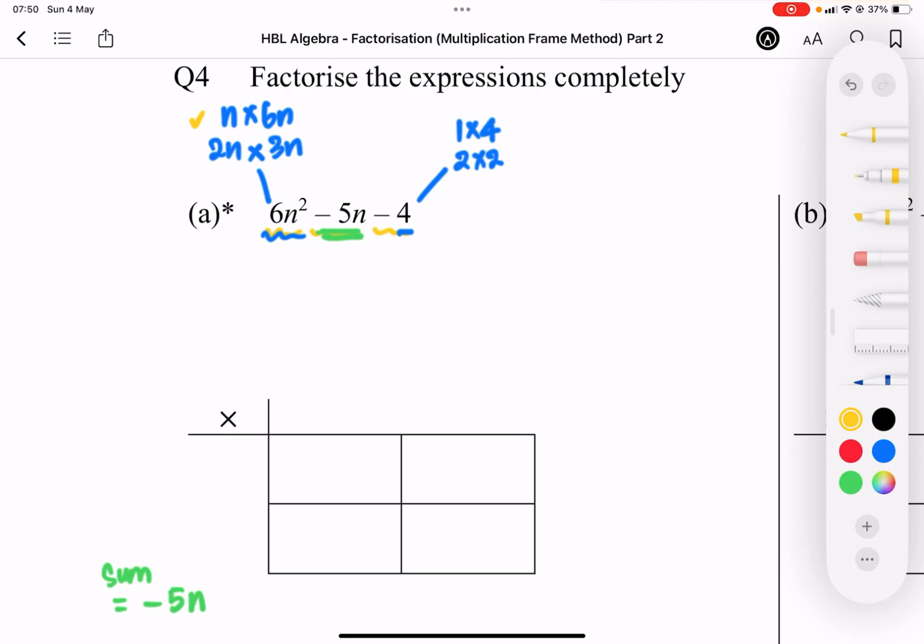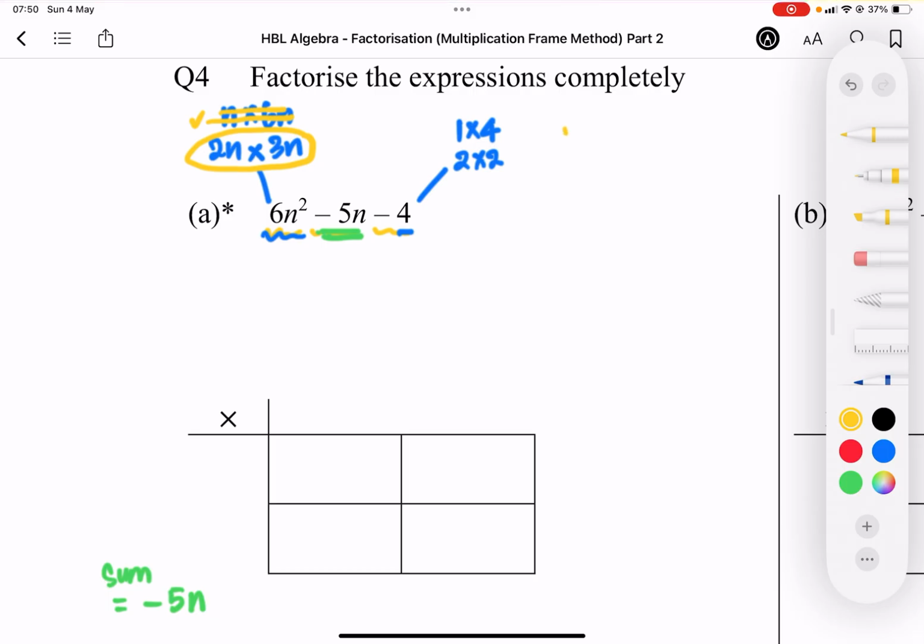Similarly, if we test n times 6n with 2 times 2, we will end up with 2n and 12n, which whether we add or subtract will not give us 5n. Therefore, this is out.